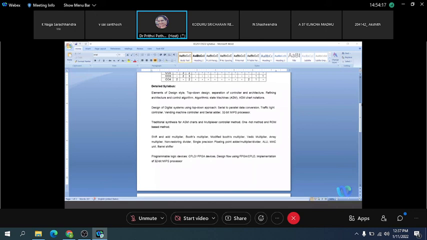Say an experiment asks you to write a behavior style of a full adder. That means you need to write the truth table, give the logic of that design, the code you wrote for implementing that experiment, and the result you got. That has to be submitted.